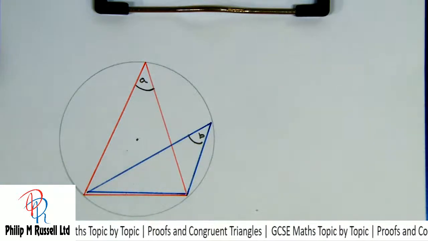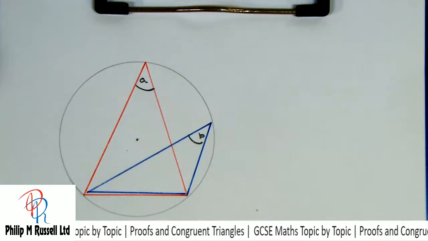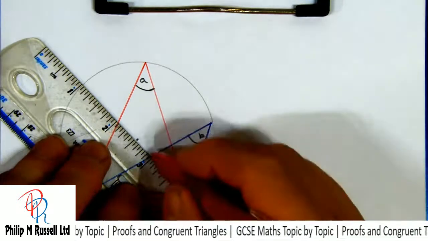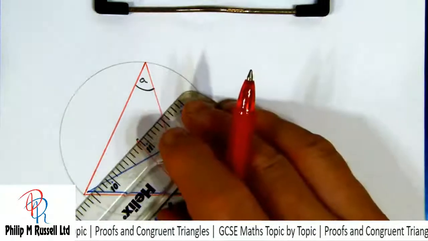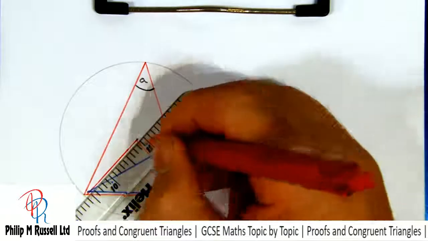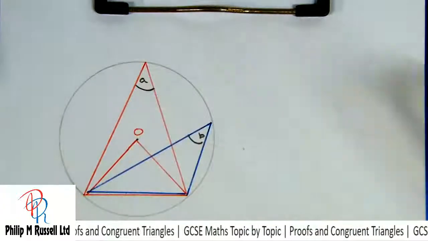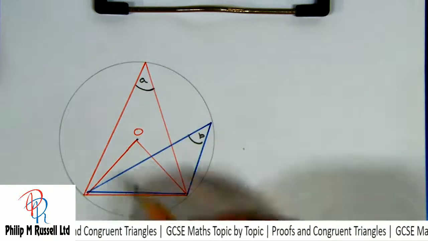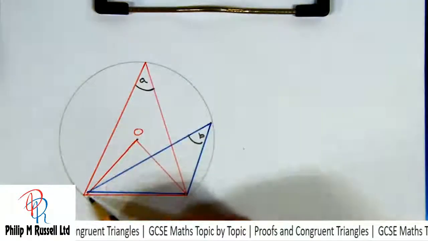To do this we're going to cheat, and we're going to put in another triangle. And we're going to do it first of all for the red triangle, so I'm going to draw these lines in red. Now, what have I done? Well, I've just drawn in this same shape that we had before.